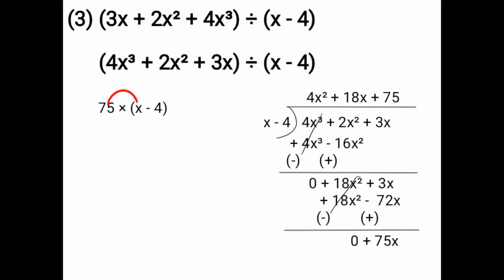75 into x is 75x, minus, you have to multiply 75 into 4. 75 into 4, I am getting 300, but you still have to check your multiplication.